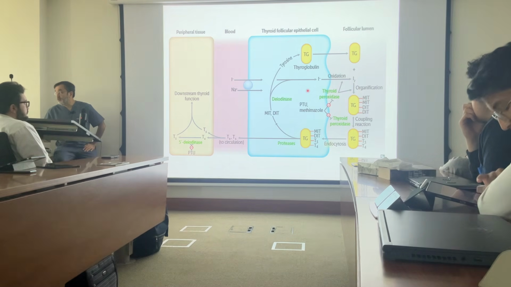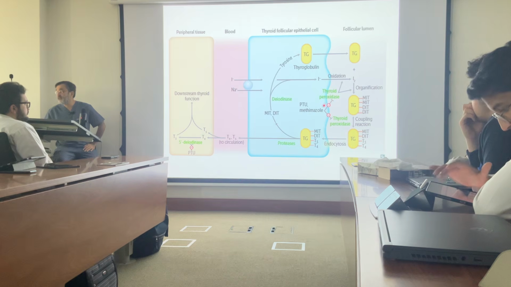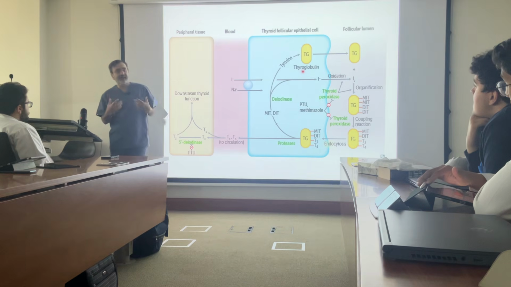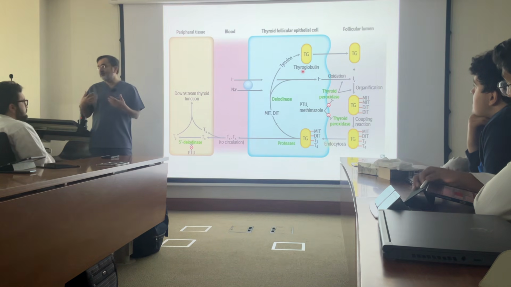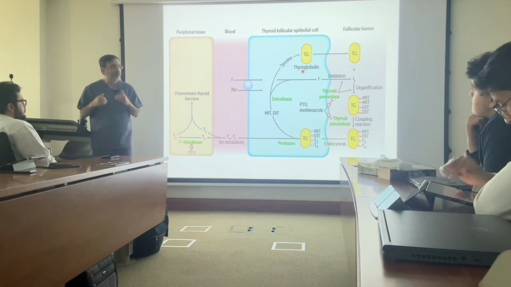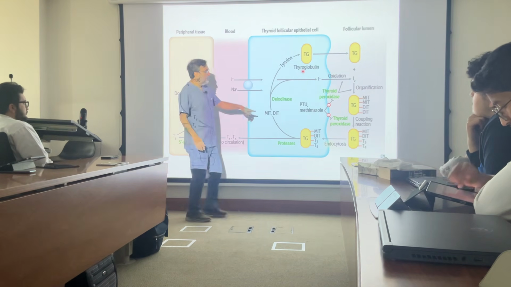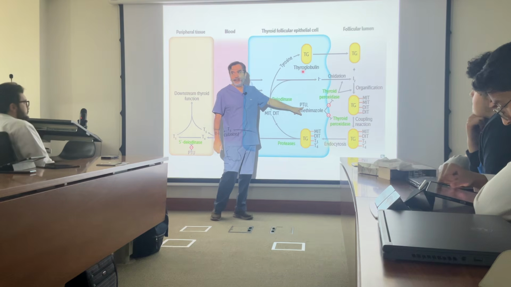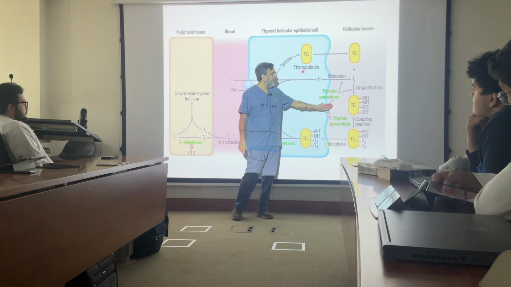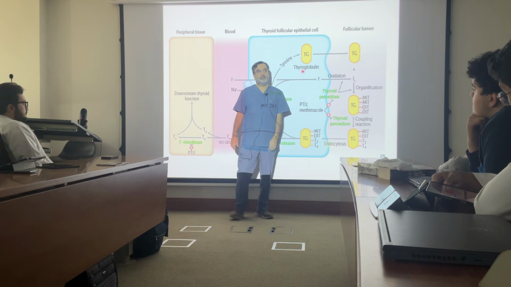Then what you need to know is that we have certain drugs, because you can have a condition called hyperthyroidism. So you need to decrease the synthesis of thyroid hormone. These drugs, propylthiouracil and methimazole, are actually inhibitors of thyroid peroxidase.